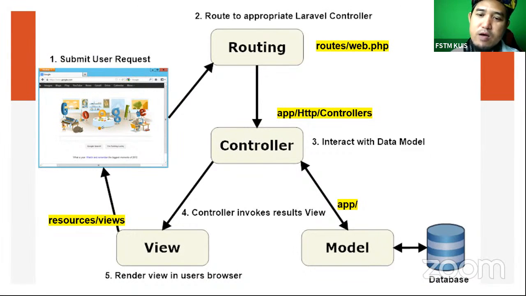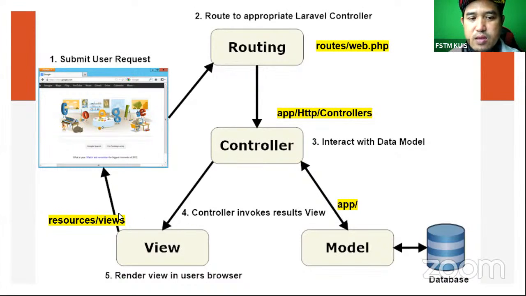Maybe if the user is a public user or guest user, the controller can redirect to a page that is meant for public. So let's say the controller detected the connection or the user is already logged in, then this controller might want to redirect you to another page, which may be a dashboard or admin panel or something like that. So that can be done inside the controller. Okay, that is the controller part.